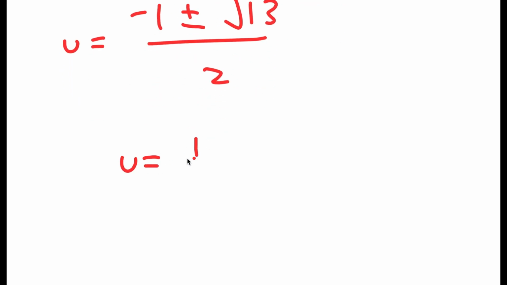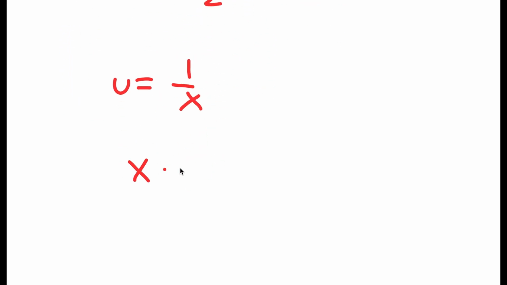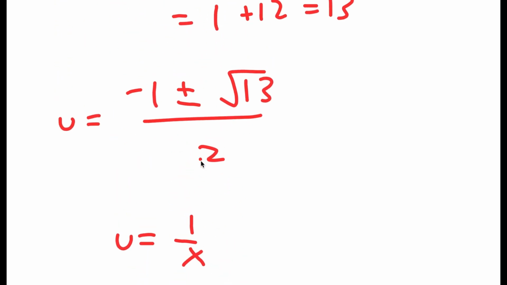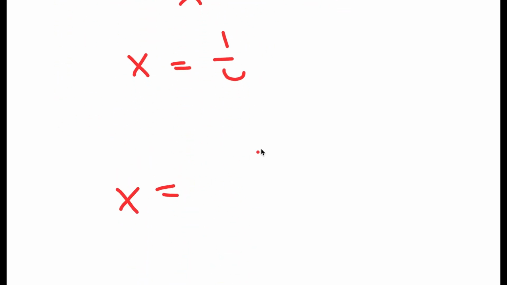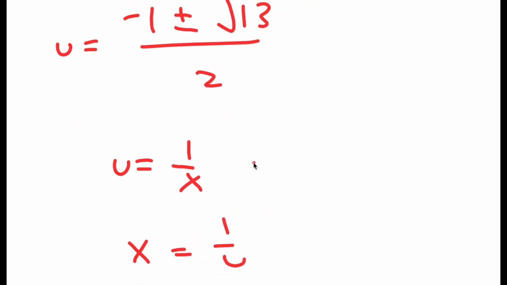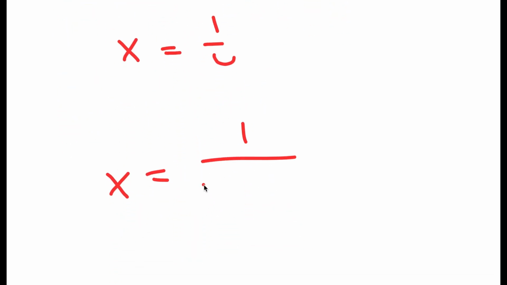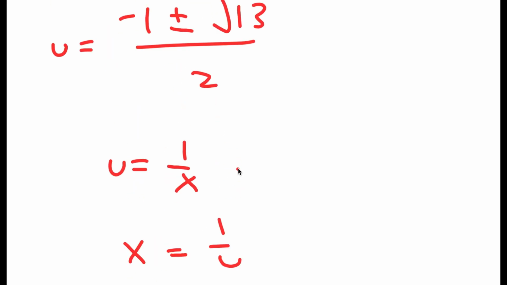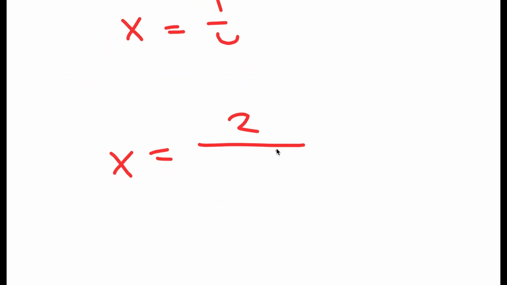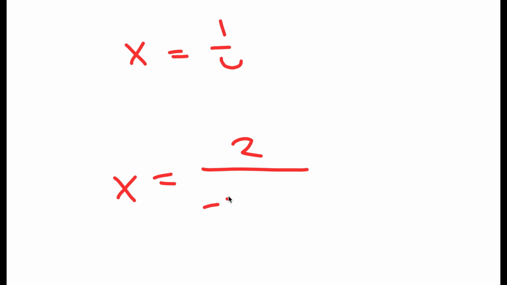And now remember how u is equal to 1 over x, meaning x is equal to 1 over u. So x is equal to 1 over, which is the same thing as 2 over negative 1 plus the square root of 13.